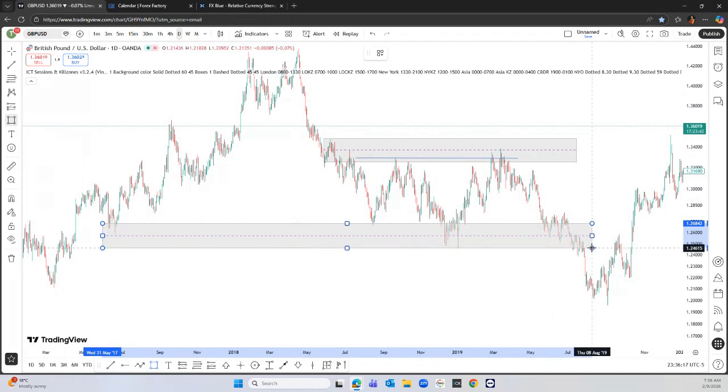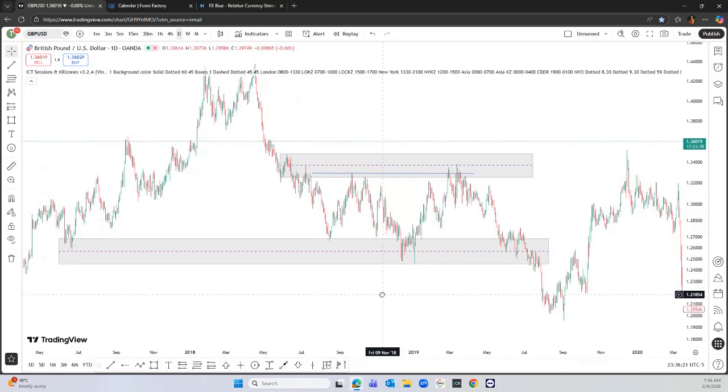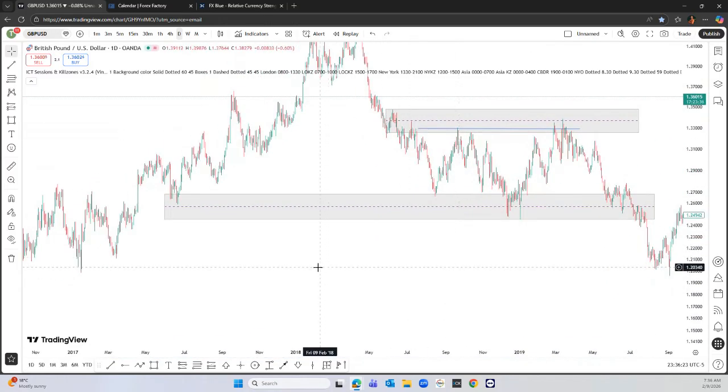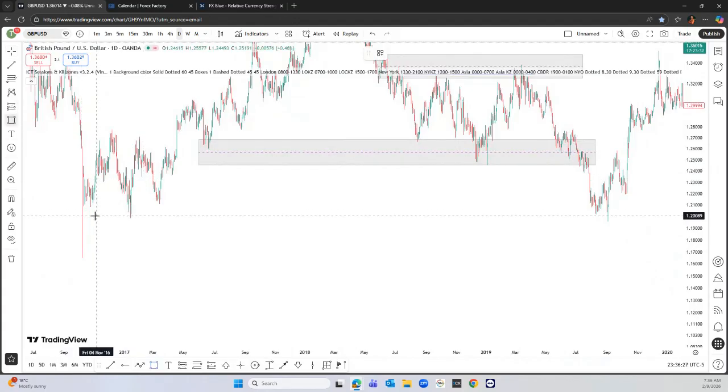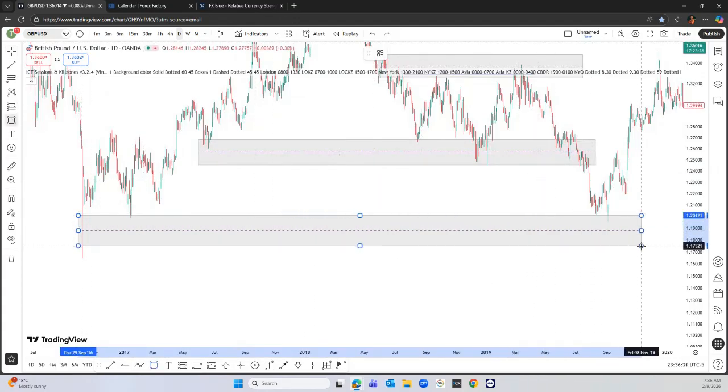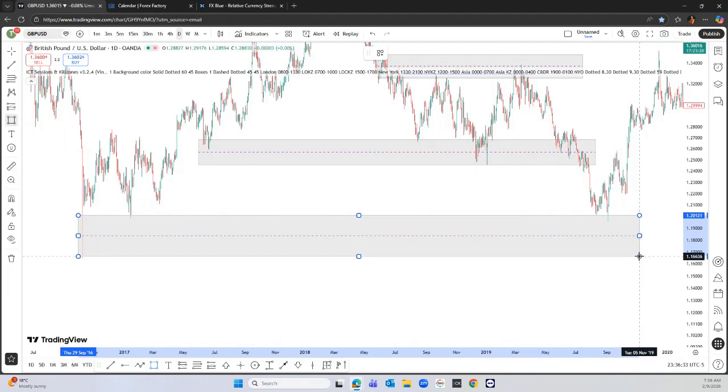That's a support zone, a very nice support zone. We also have this other one here, like that. So that's also an entire support zone.